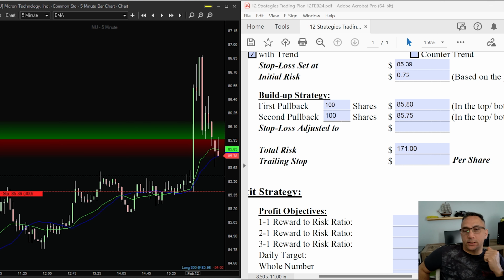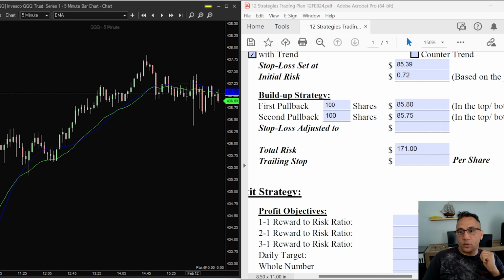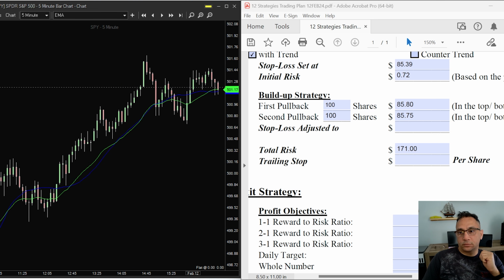Waiting, of course, as the market becomes slower after 10 o'clock, it's a waiting game. The fact that SPY is going down makes me, I would say, want to scratch that trade of Micron.